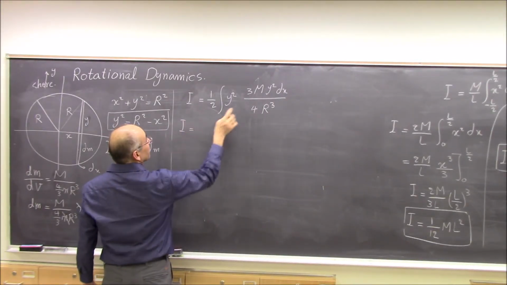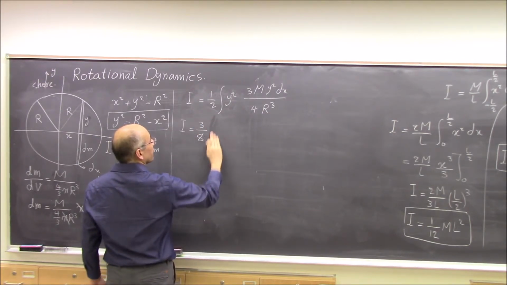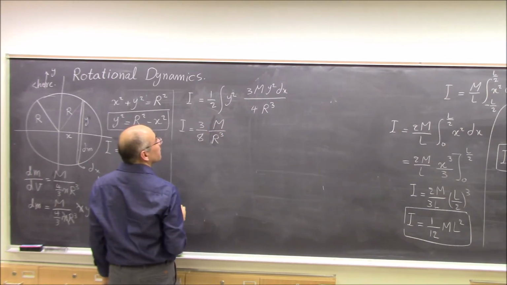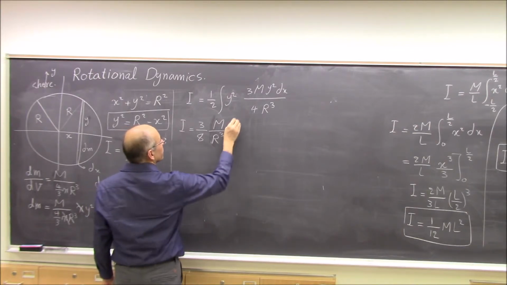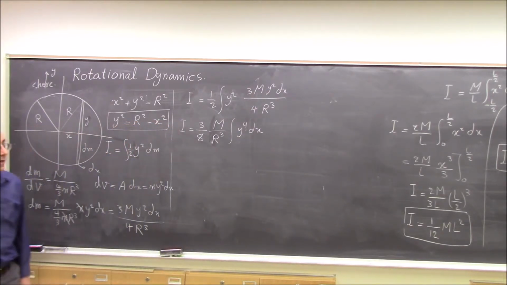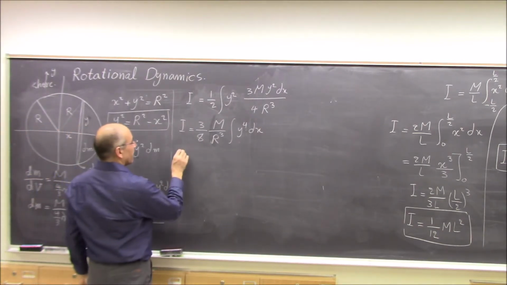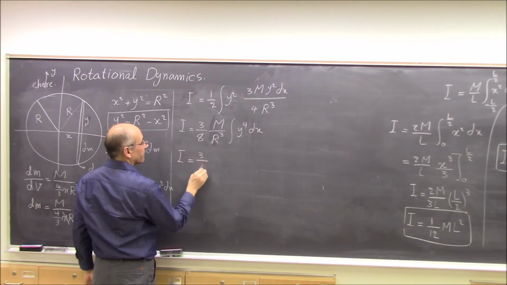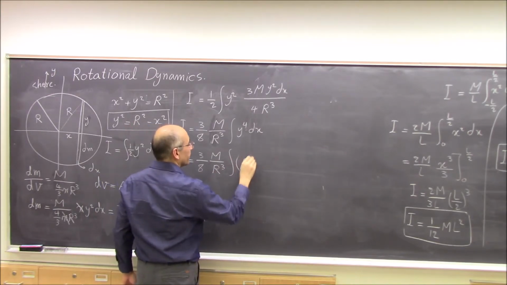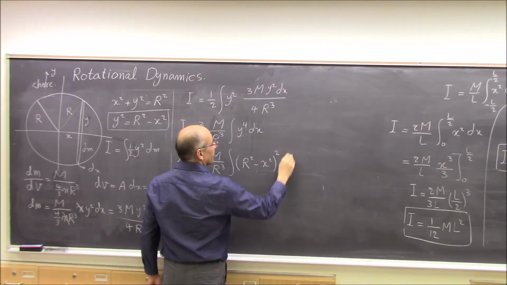I becomes 3/8, m over R cubed also comes out, then we get the integral of y squared times y squared, y to the 4th, dx. What is y to the 4th? It is R squared minus x squared, squared. So I will be 3/8 m over R cubed integral of R squared minus x squared, squared, dx.